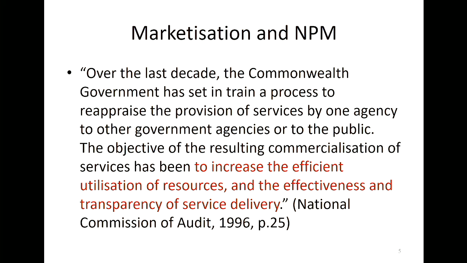The objective of the resulting commercialization of services has been to increase the efficient utilization of resources and the effectiveness and transparency of service delivery. So back in the 1990s, that was the government's belief. The government wanted to achieve efficiency and effectiveness, and they believed that the way to do it is to bring in a market approach, with commercialization of public sector services.